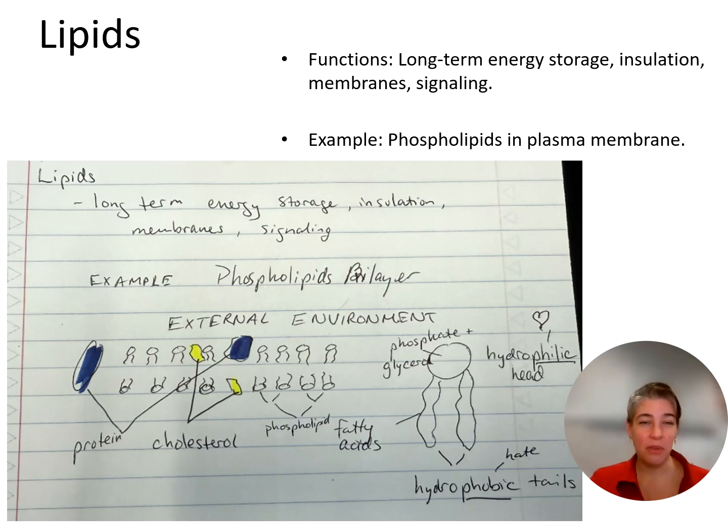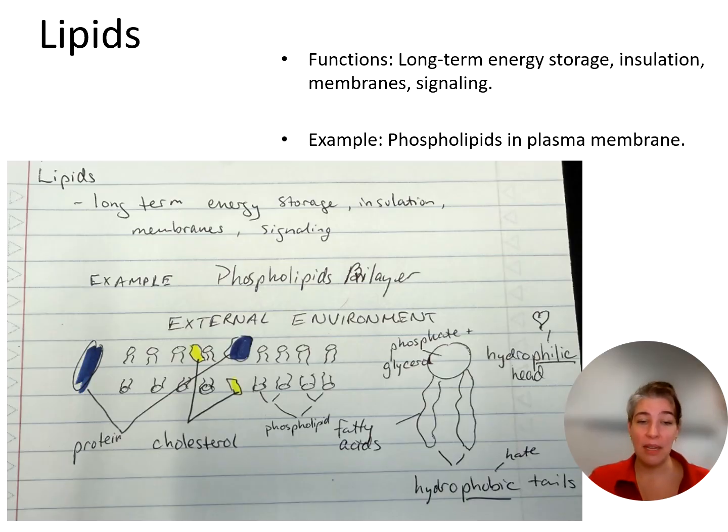When many phospholipids are in water, they line up head to head and tail to tail, and they form a bilayer, just like this picture is illustrating, even though it's not the best picture. The heads face outwards towards the watery environment, inside and outside, and the tails face inward, away from the water, forming a hydrophobic core.